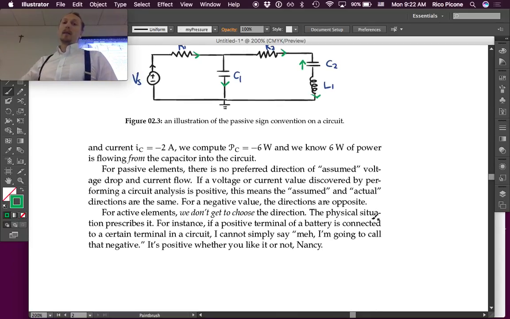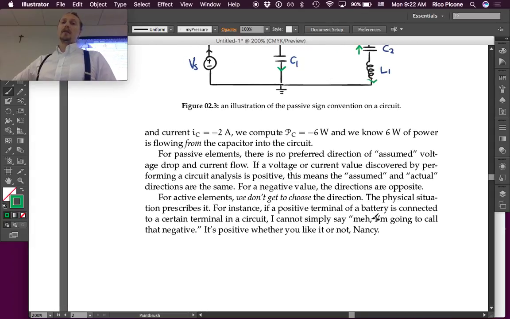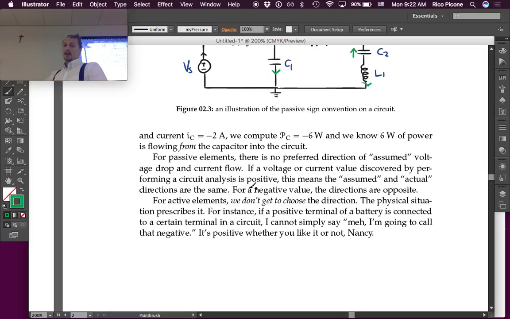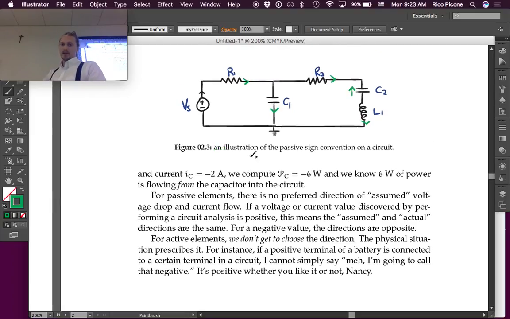For passive elements, there is no preferred direction of assumed voltage drop and current flow. If a voltage or current value discovered by performing a circuit analysis is positive, this means the assumed and actual directions are the same. For a negative value, the directions are opposite.